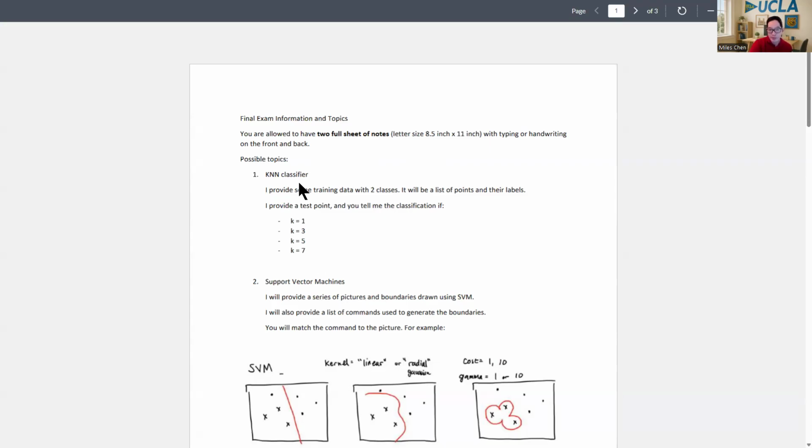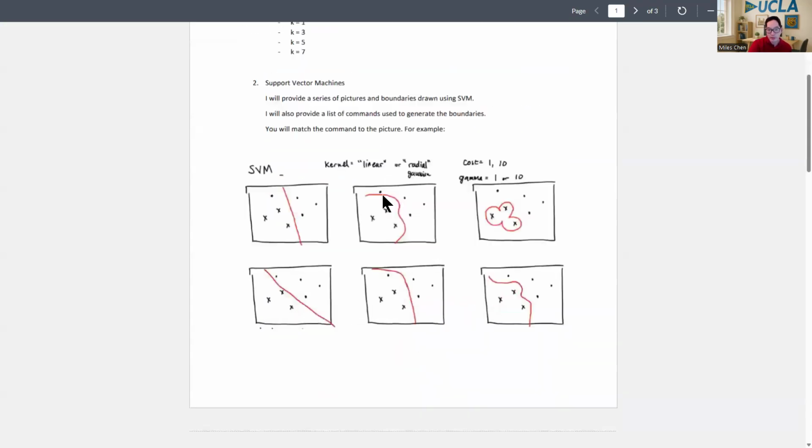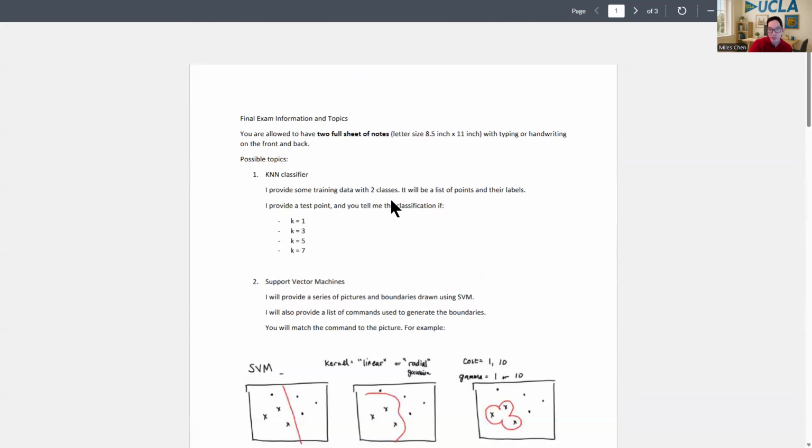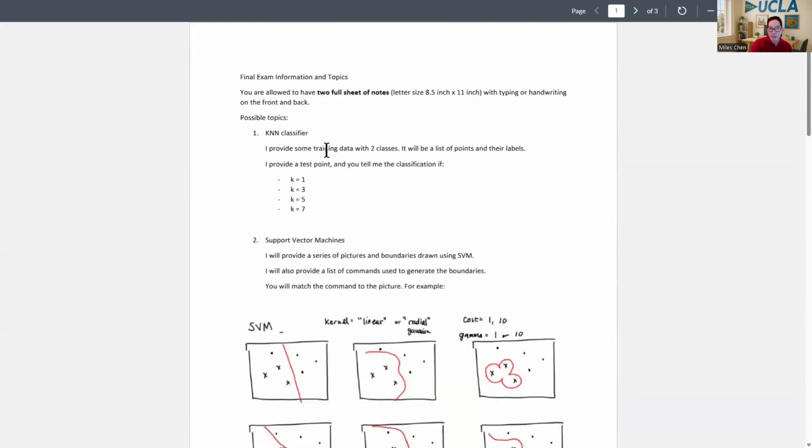All right. So yeah, I guess these are a bunch of topics. I wrote possible topics. Okay, K nearest neighbors classifier. So I'm going to provide some training data with 2 classes, and it will basically be a list of their points and their labels.